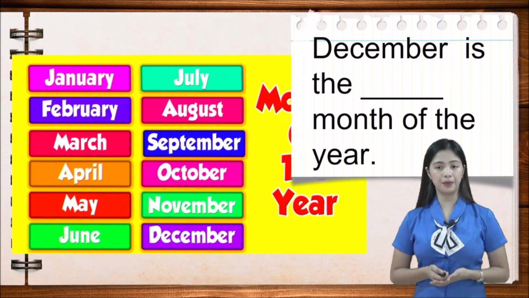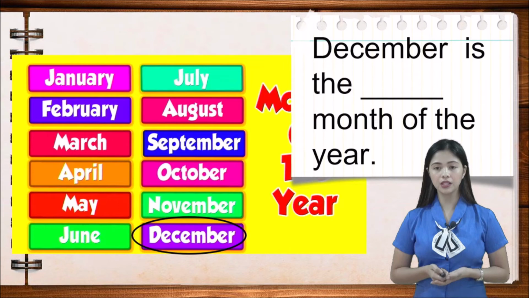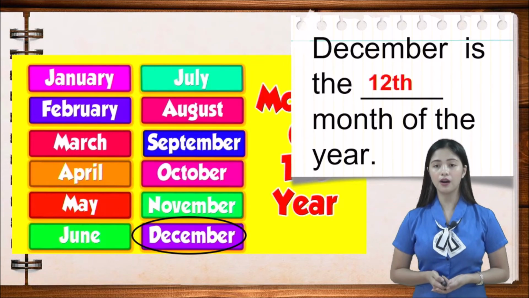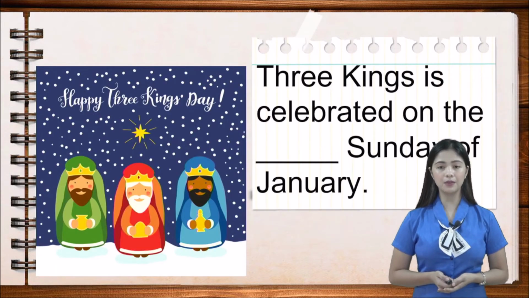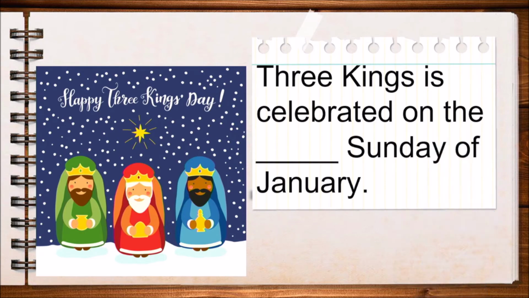So December, we all know that December is the 12th month of the year. How about when are we celebrating the Three Kings? So we celebrate the Three Kings in the first Sunday of January.